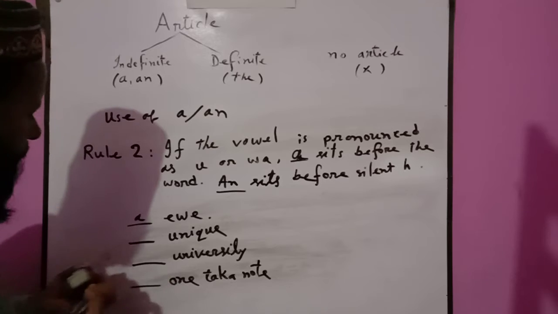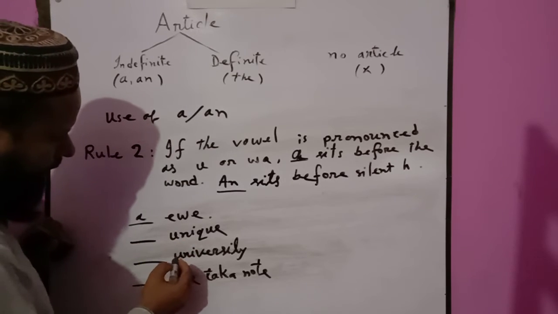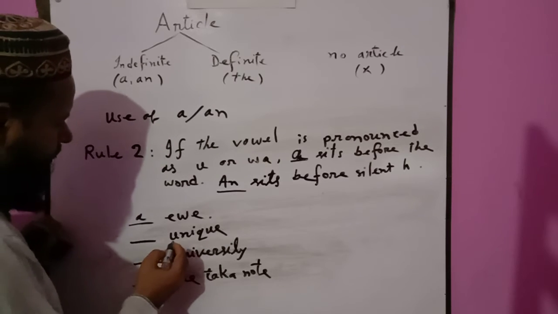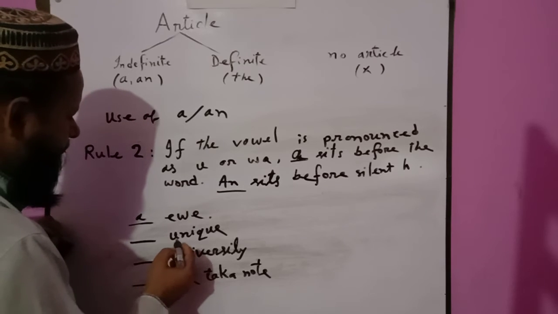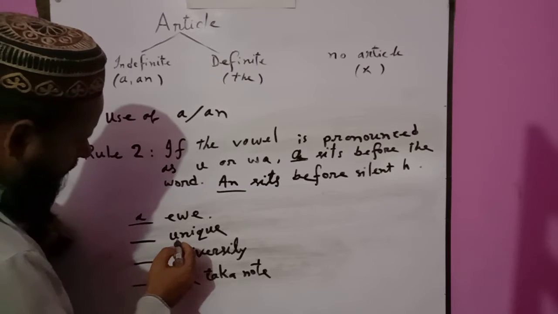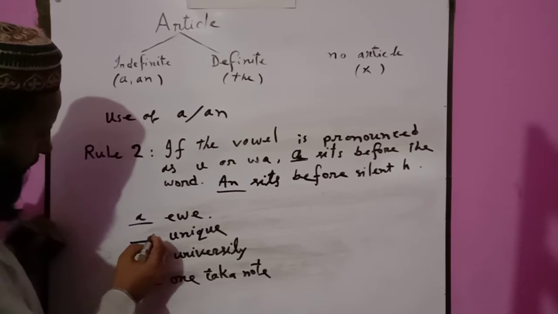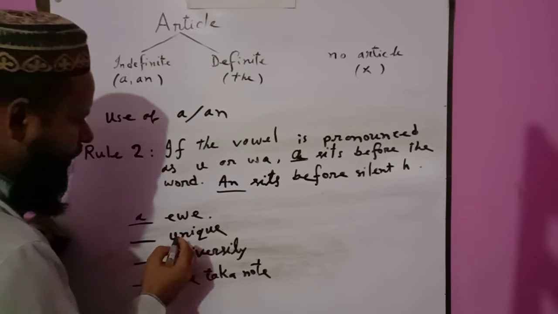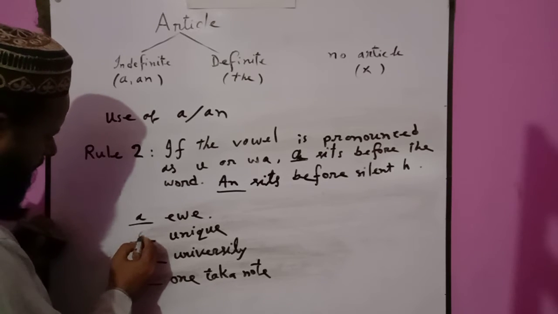So university and unique are pronounced with the long sound of U, so we have to use a.